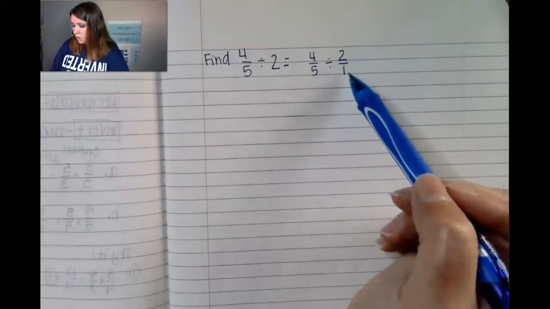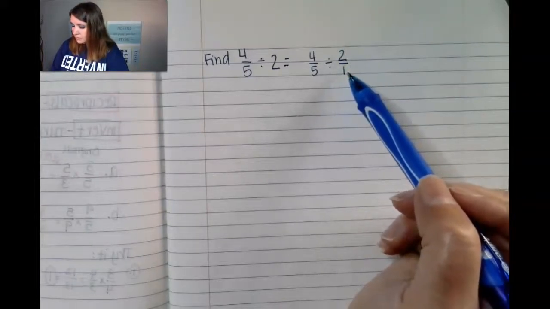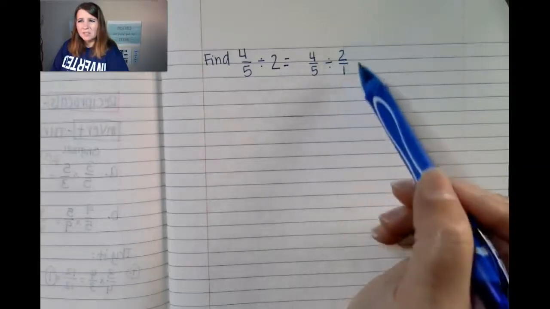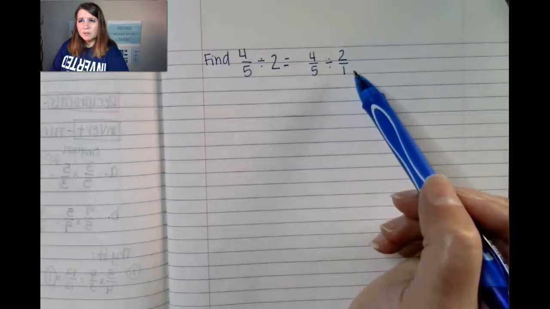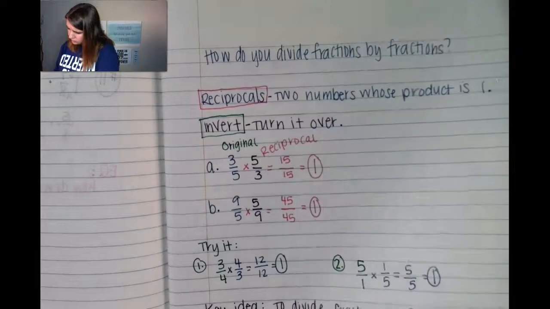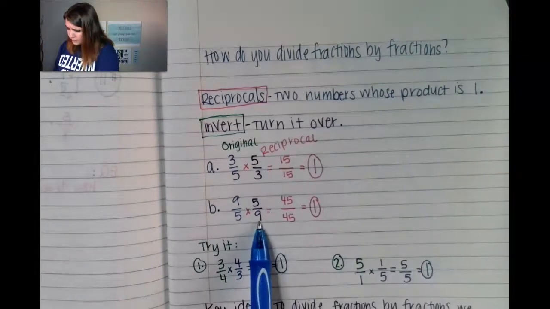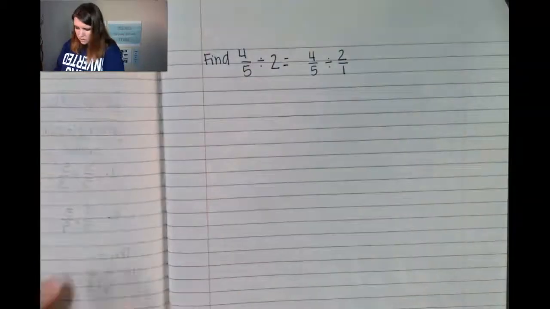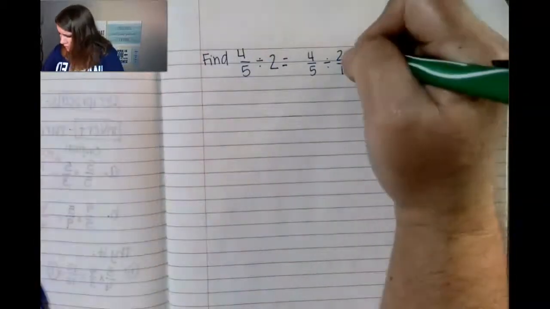Okay, so 2 wholes. I have 2 wholes, but I'm not done, right? What do I have to do with this second number? Let me look back in my notes. What did I do? Oh, I flipped it. I inverted my second number. I found the reciprocal. Okay, so this is my second number.